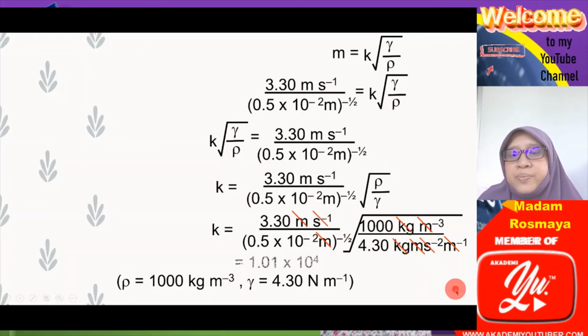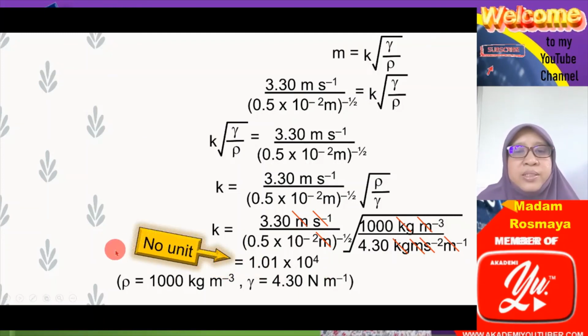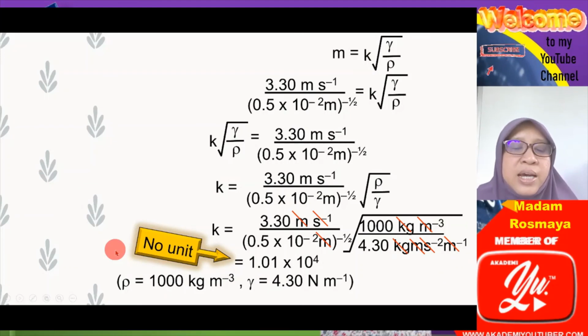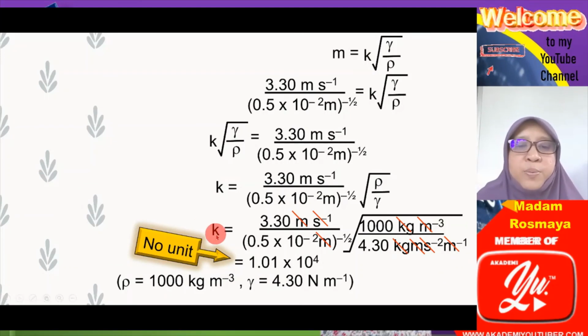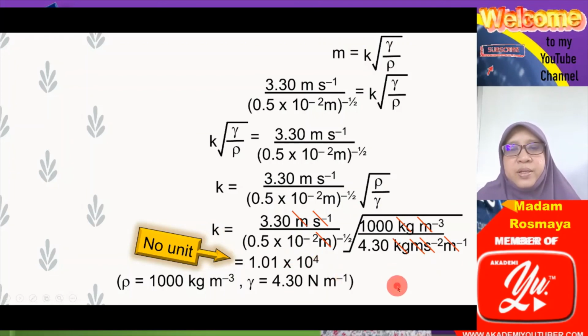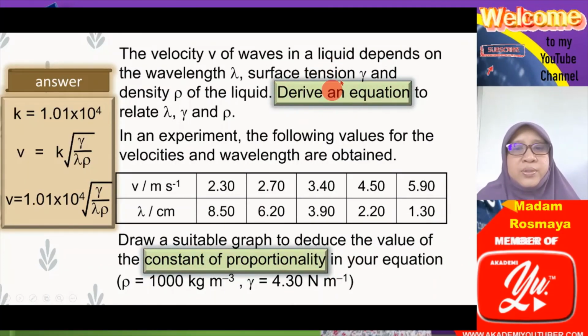So the answer for k is 1.01 times 10 to the power of 4, no unit. That completes the second question, which asks for the constant of proportionality. This is our answer for this question.